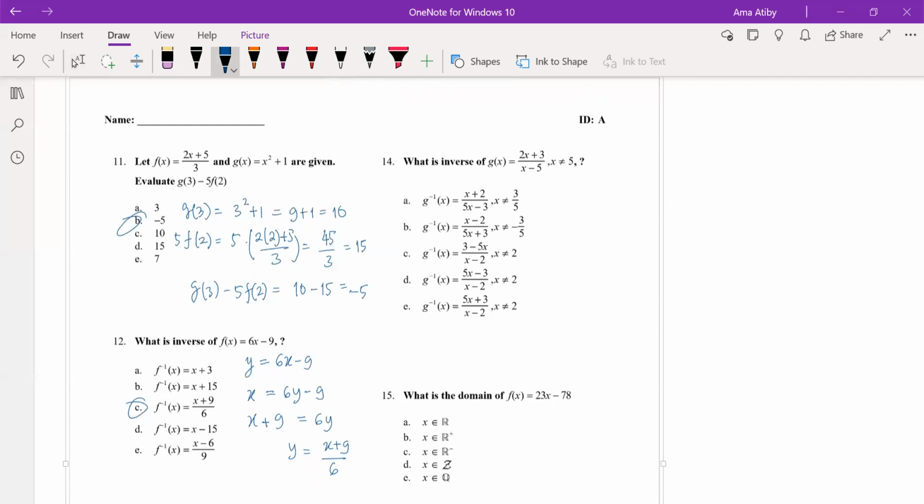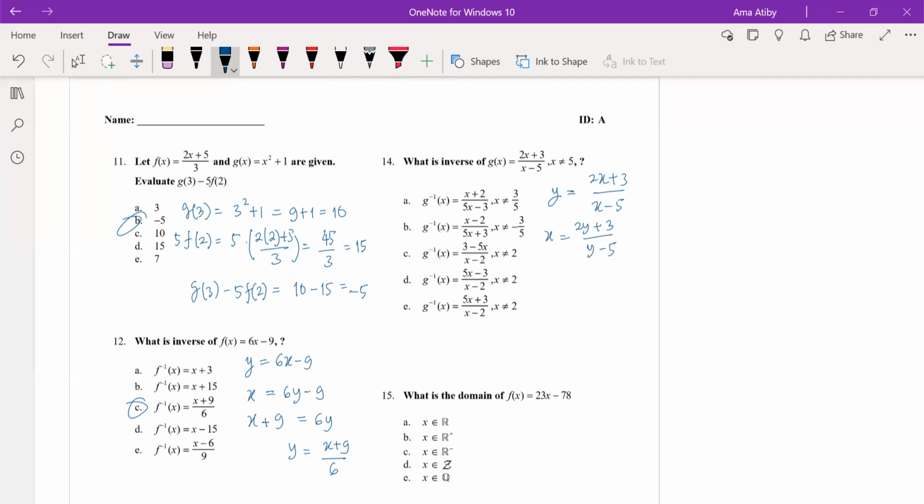Now let's move on to question number 14. So this is the function of g, and we are going to find the inverse. As I mentioned previously, you just need to change the function into y. So it is equals to 2x plus 3 over x minus 5. Now the next step is interchange x and y. So x equals to 2y plus 3 over y minus 5.